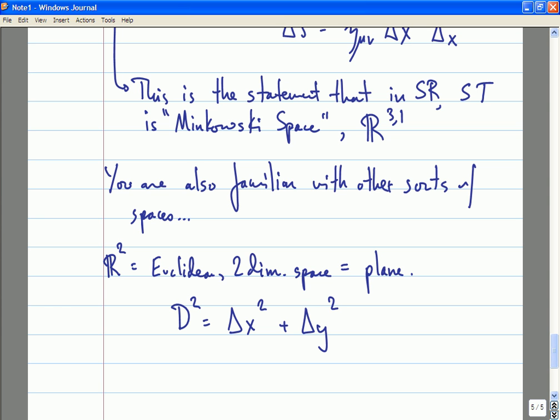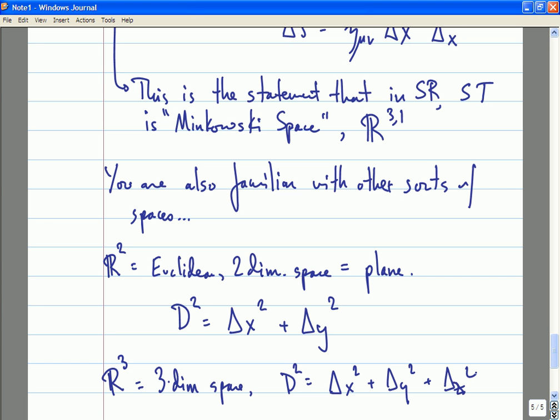Likewise, R3 is the Euclidean three-dimensional space that you learned all about in your vector calculus classes, for example. And this is the space that you typically spend a lot of time thinking about when you study electromagnetism. So R3 is the three-dimensional space where distances are given by the three-dimensional version of Pythagoras' theorem.